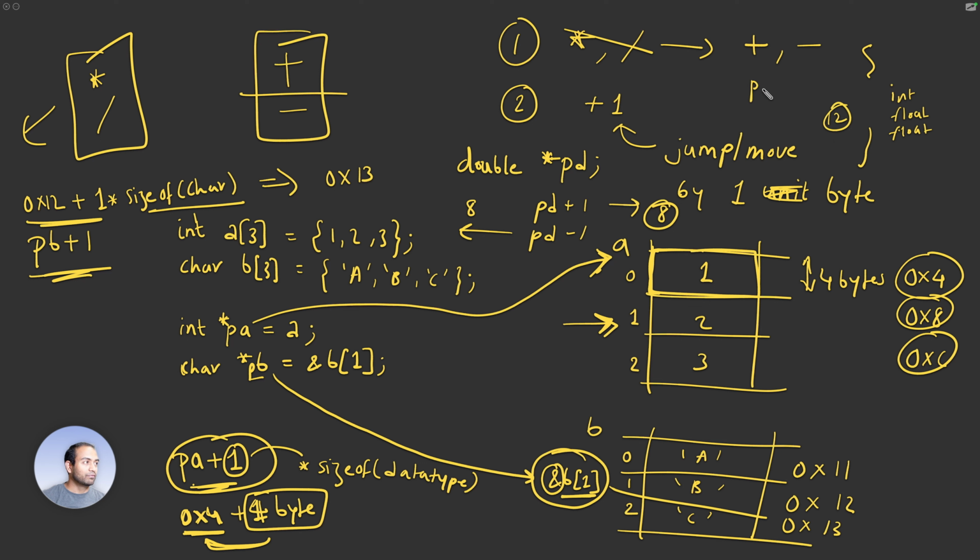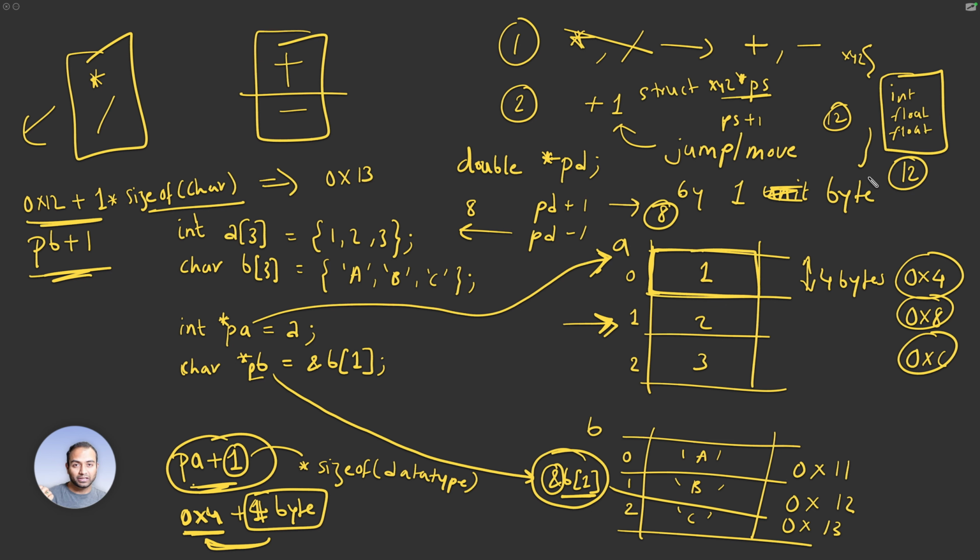So a struct pointer, when incremented by 1, will actually jump by the size of the struct, in this case 12 bytes, and it'll go backwards by 12 bytes if we decrement it by 1.